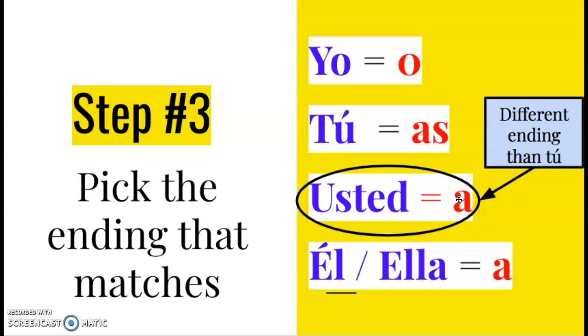And I think they do this in Español because they want to be able to distinguish between a more casual conversation or question and a more formal one. Okay? Because usted is somebody you don't know as well. And that's probably why they want to differentiate that. But notice how usted has the same ending as él or ella. So there's only three endings that we use for singular pronouns and verbs, okay?